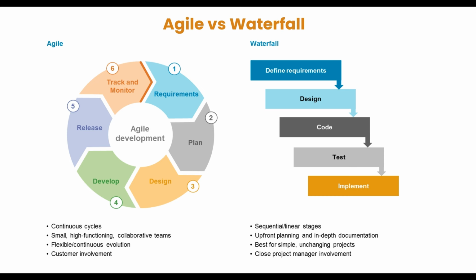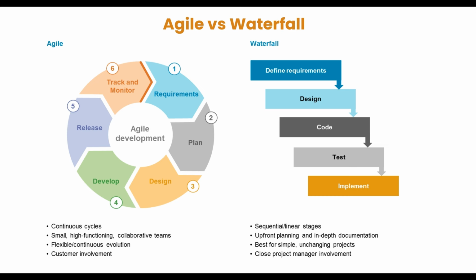And if you take a look at the diagram of agile, it starts with number one, requirement. Then whatever requirement is there, we plan what piece of requirement we can cover in the agreed iteration. That is what is planned. Then we have a discussion with the technical team and understand what the design will be, and if the design needs to be prepared by some designer, those pieces will be prepared.